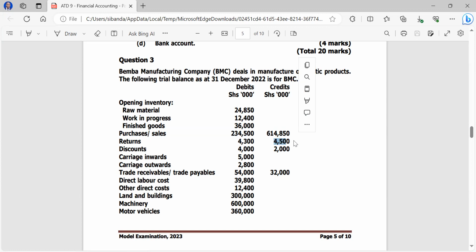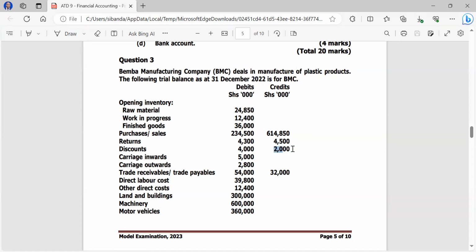So that is important. And then very similar to that is the discounts. So discounts, they're telling us that we have 4,000 and then 2,000. Again, the examiner is here also testing your understanding of discounts and their accounting entries. Discounts received is an income.